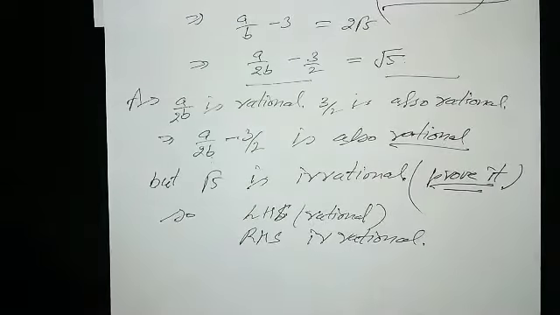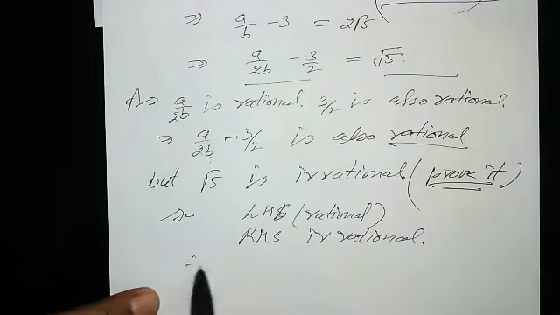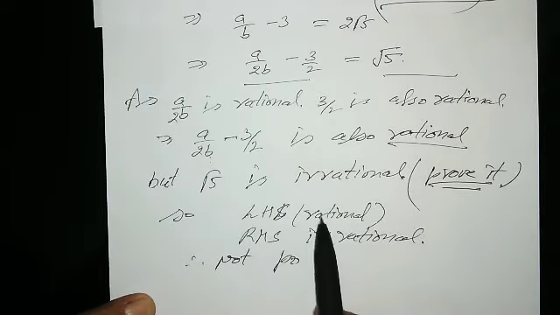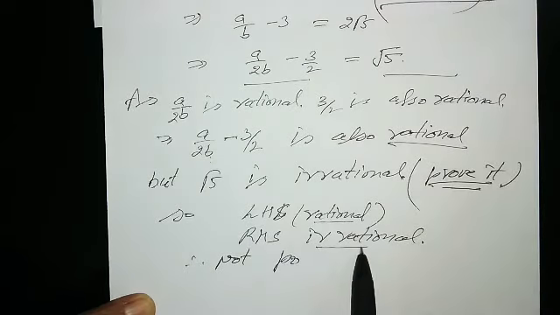By definition we know that a number which is rational cannot be irrational, and a number which is irrational cannot be rational.